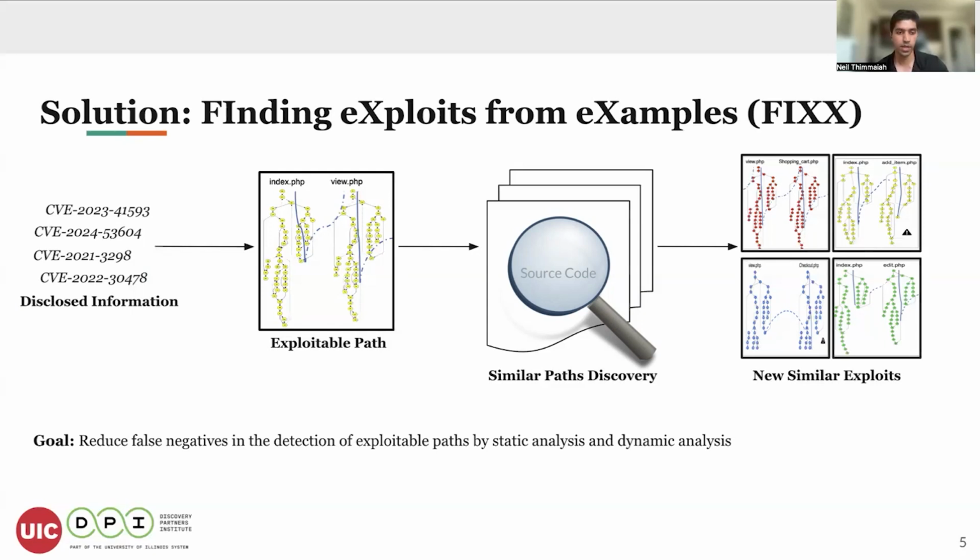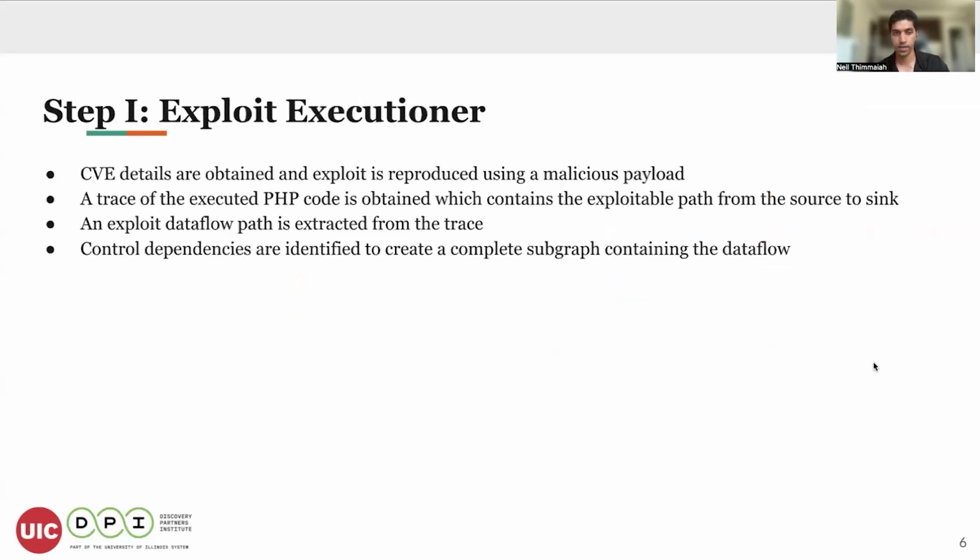So we do that by taking the information present in the CVE itself, executing that vulnerable or exploitable path, and then using that, our approach finds similar paths elsewhere in the application, leading to many more similar exploits, which are then reported as new CVEs, and this time they're more comprehensive.